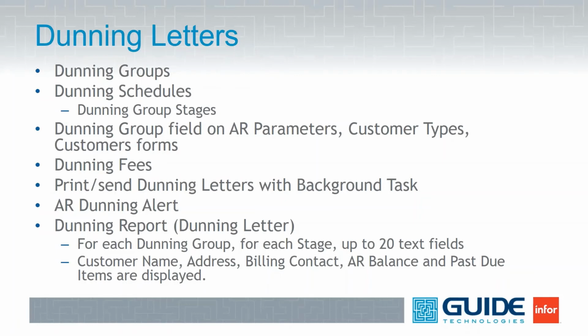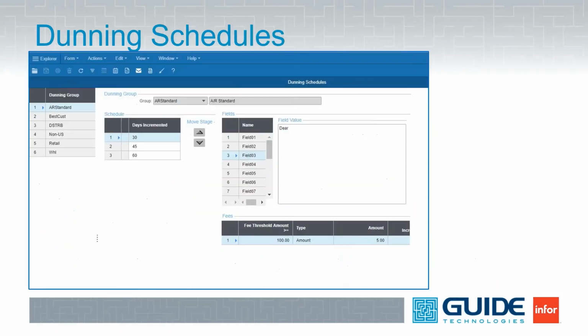I had to do it manually. Dunning alerts will pop up telling me that I've got a potential issue on the horizon. And the dunning report, I can customize up to 20 different text fields now. And I see the customer name, address, billing contact, AR balance, and past due item displayed on the dunning report.